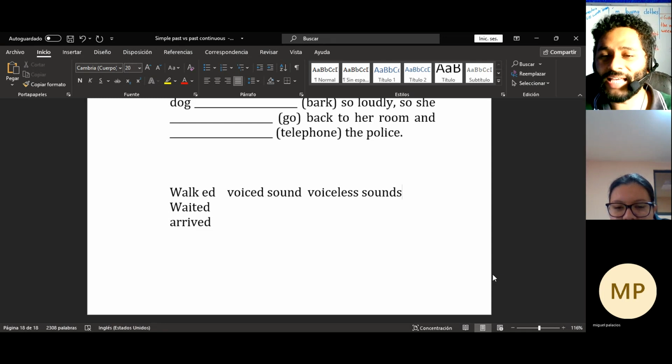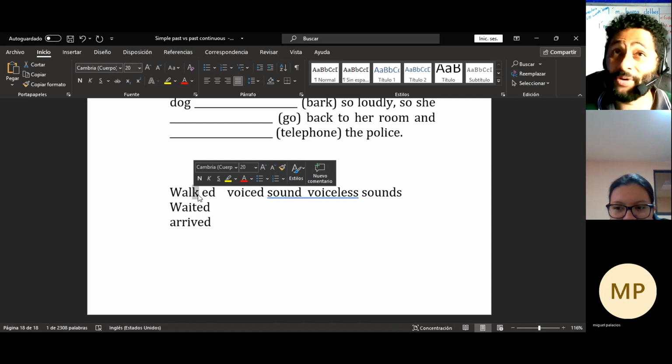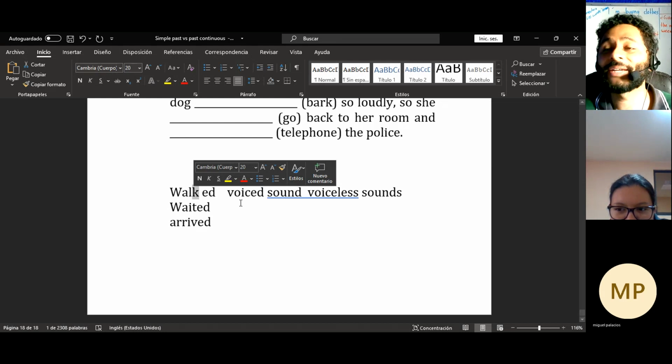Entonces, si tú dices de manera aislada el fonema de la K, por ejemplo, y te tocas aquí la tráquea, te vas a dar cuenta que no usas las cuerdas vocales. Como por ejemplo, un sonido, todas las vocales son voiced. A, E, I, O. Si tú las dices así, te vas a dar cuenta que aquí vibra, ¿no? A, hay una vibración.